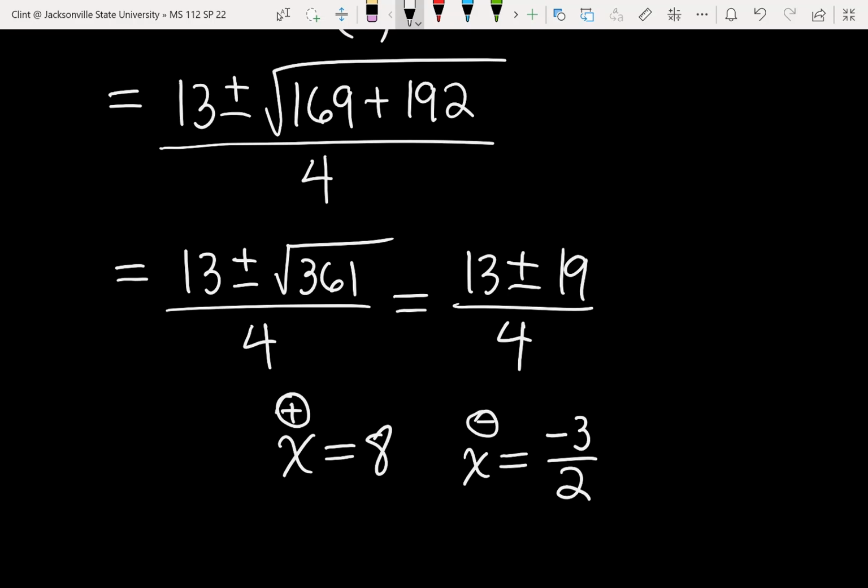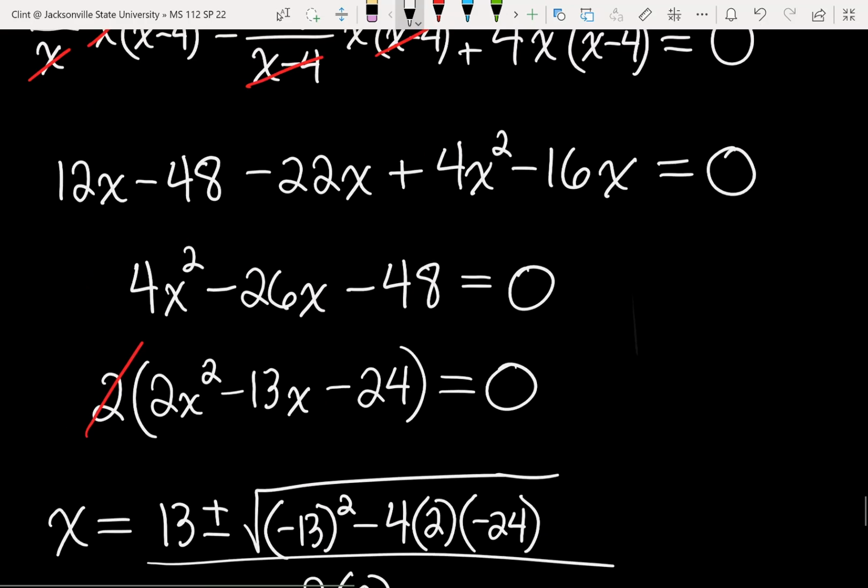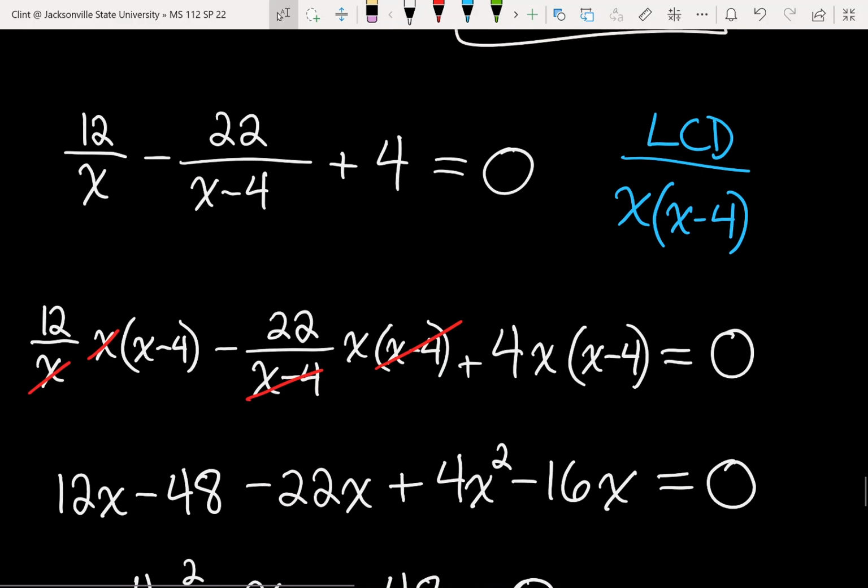And then we've got to make sure that we're not getting 0 in the denominator anywhere. Negatives are okay, we just can't have 0. We had 8 and negative 3 over 2. Neither one of those numbers will give us 0 in the denominator, so both of those work.